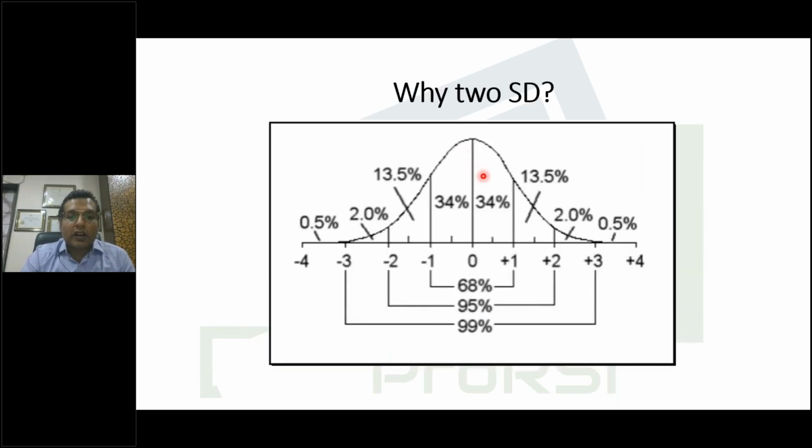So why 2 SD? Two standard deviations will contain 95% of the price action. So when prices are moving within the Bollinger band, within the 2 standard deviations, it will contain 95% of the price action. Now this is important.